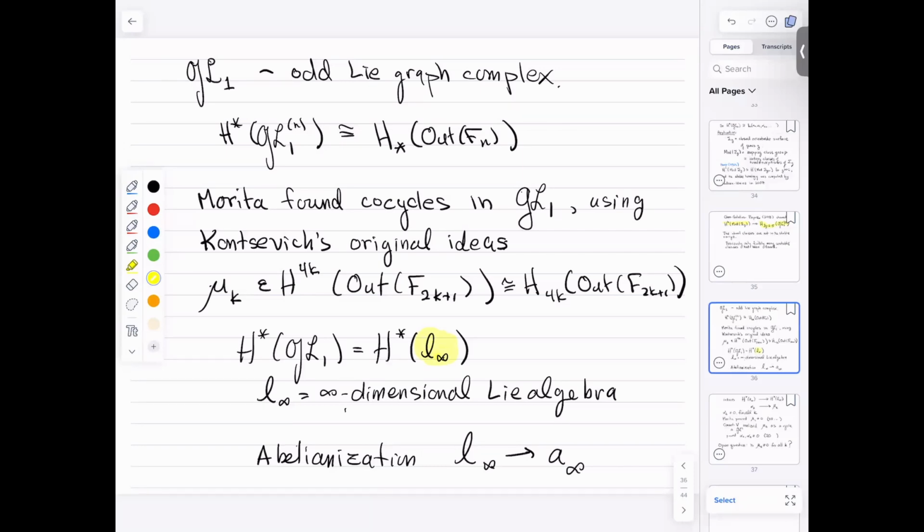And that's actually what he wanted to compute: the cohomology of this infinite dimensional Lie algebra. This infinite dimensional Lie algebra has as a subalgebra the symplectic algebra sp infinity.